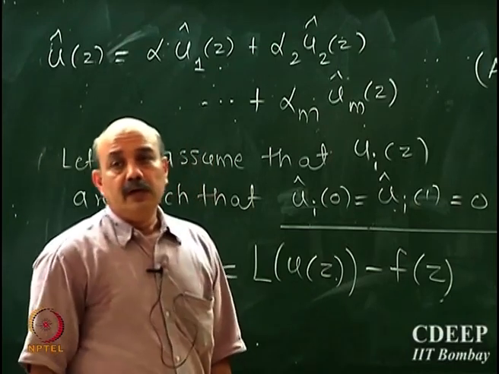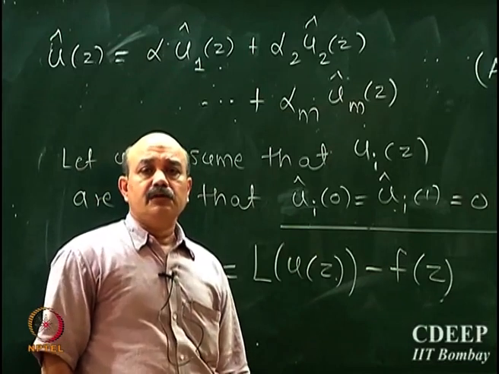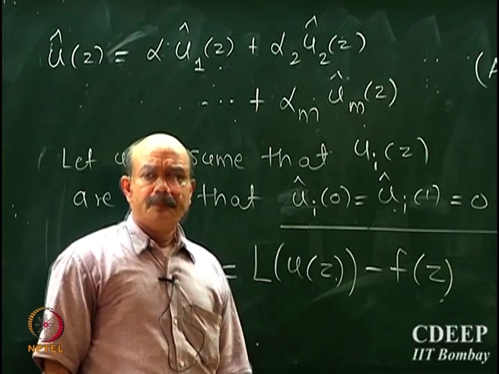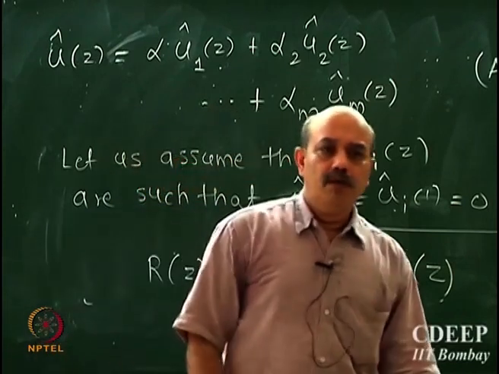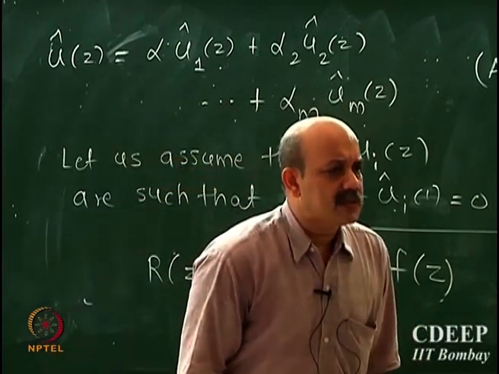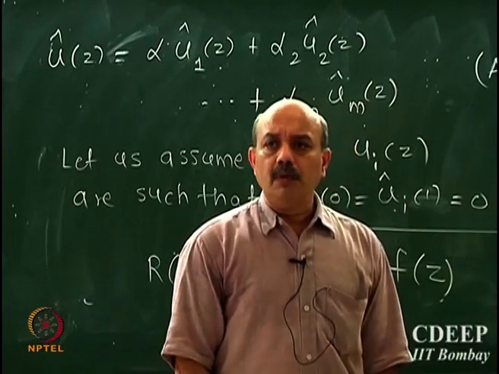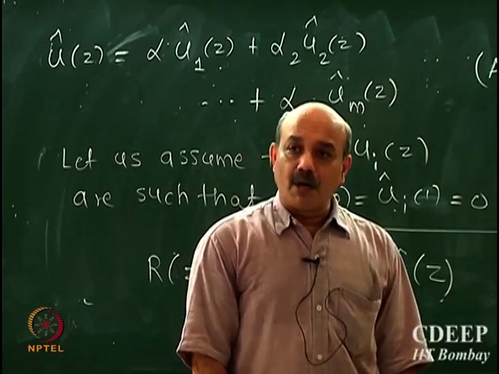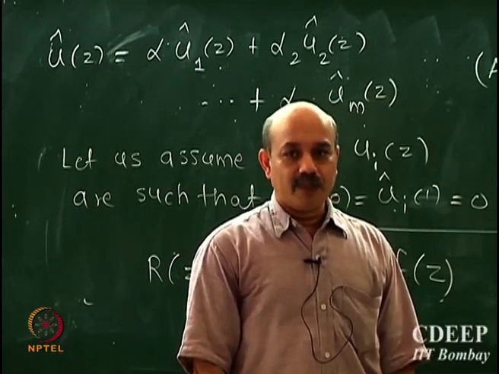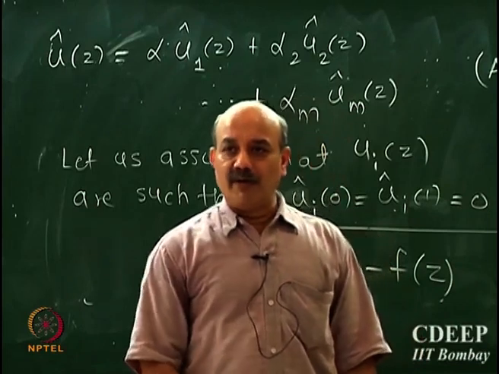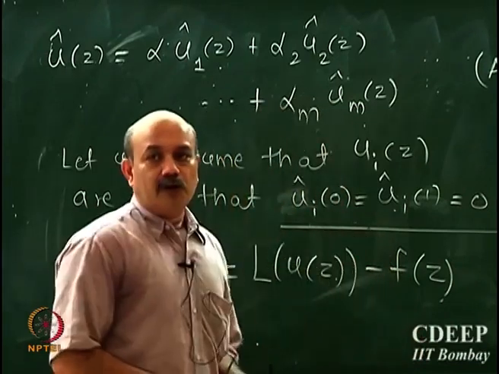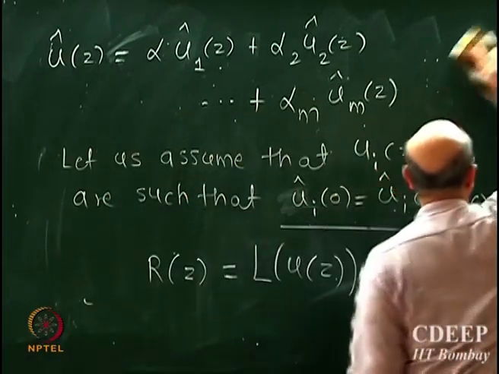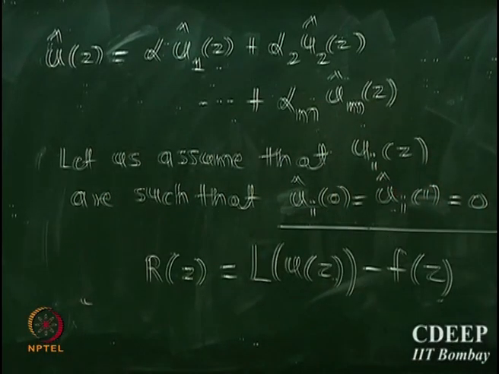In the case of finite dimensional least squares, what did we do? How did we find the minimum? The sum of the square of errors was minimum. What was actually the sum of the square of errors? The 2 norm square. What is the 2 norm square? The inner product of the vector with itself. So for the finite dimensional case we had this.